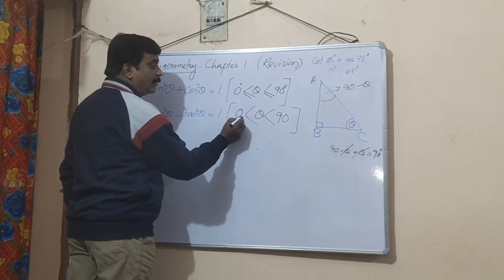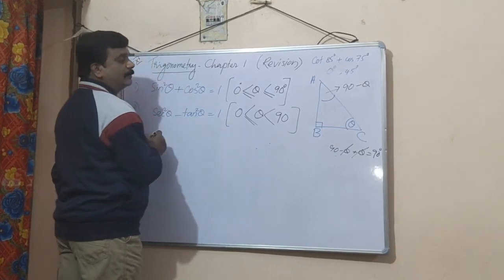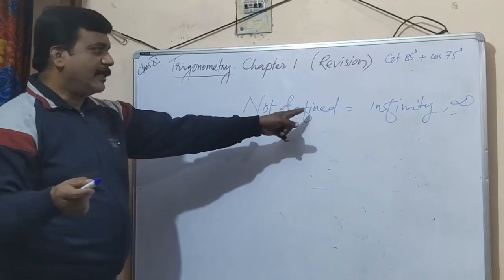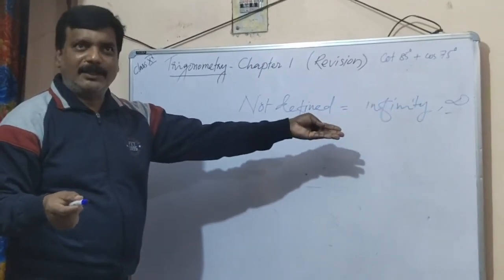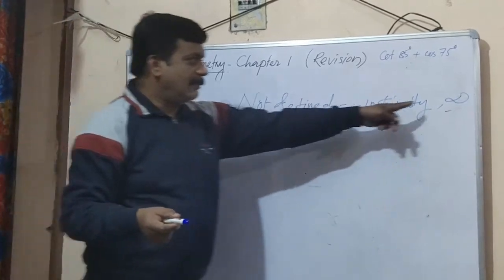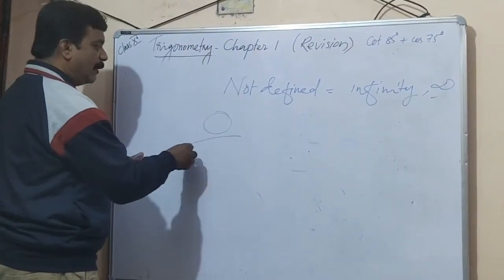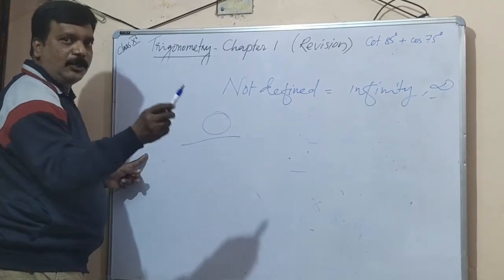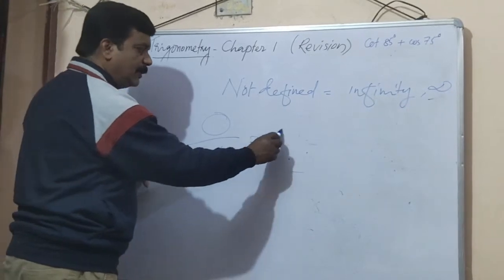But what about 0? Yes, it can be equal also. Let me make it clear to you. What is this not defined? That is infinity. This is a symbol of infinity. See, you know that 0 divided by any number, say 1, that is equal to 0.